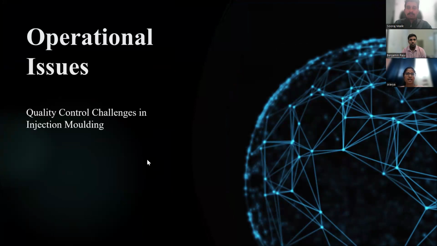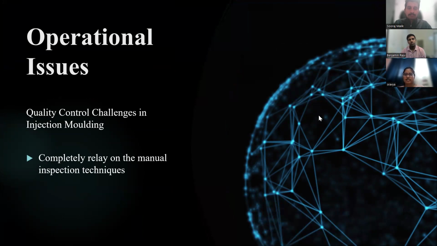And the next is operational issues. Based on our research, we have found two main operational issues in injection molding. The first one is manual inspection techniques, which is one of the major concerns at Viewtech, as it has certain limitations where production workers can't identify dimensional inaccuracies and smaller surface defects, which affects the product quality.